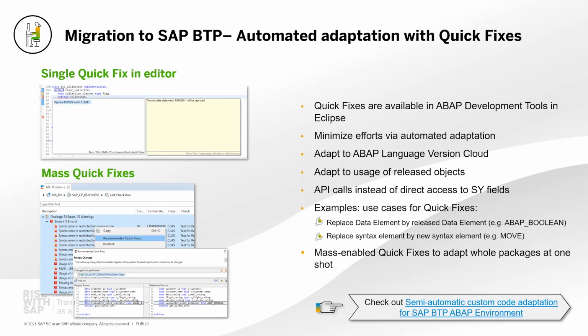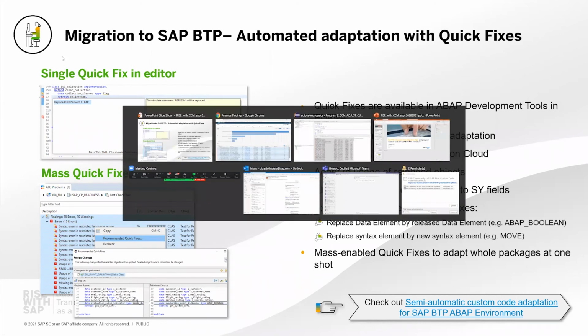And the quick fixes allow you to adapt your custom code to the ABAP language version cloud, and to adapt to usage of released objects for the cloud. And you can also benefit from using the mass-enabled quick fixes to adapt whole packages at one shot. And again, I will show you the demo.